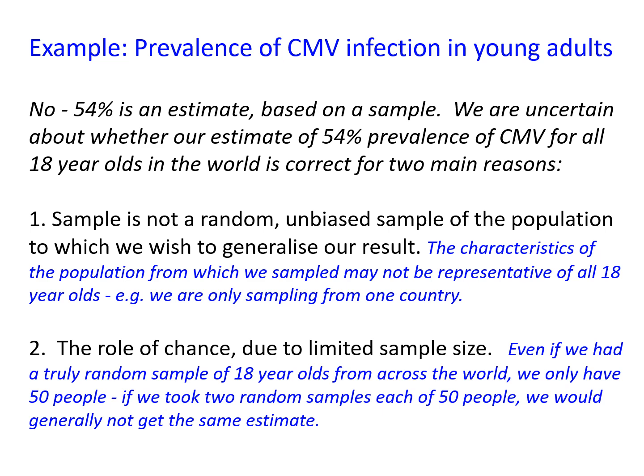The second major reason is the role of chance due to a limited sample size. So even if we had a truly random sample of 18-year-olds from across the world, we only have 50 people in our sample. If we took two random samples each of 50 people, we would generally not get the same estimate.